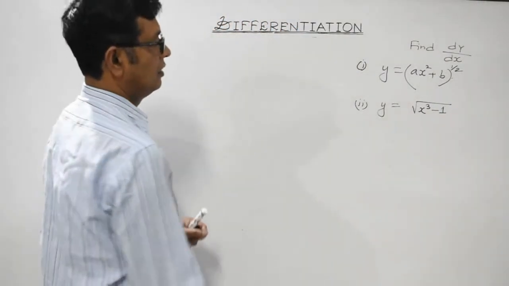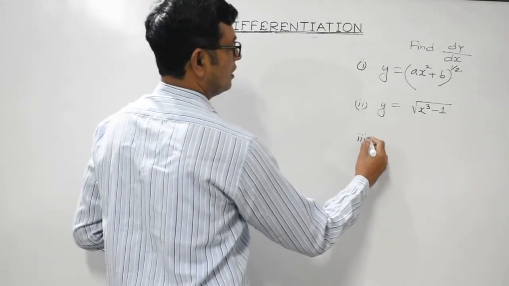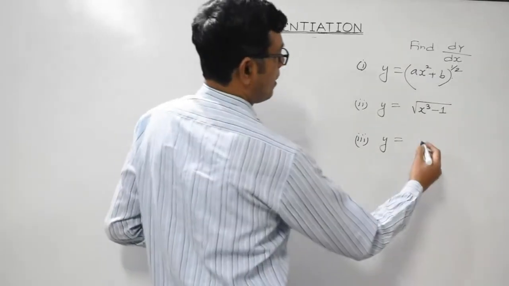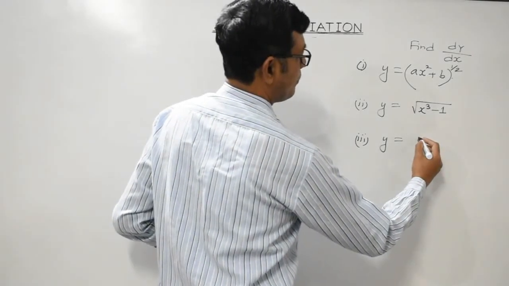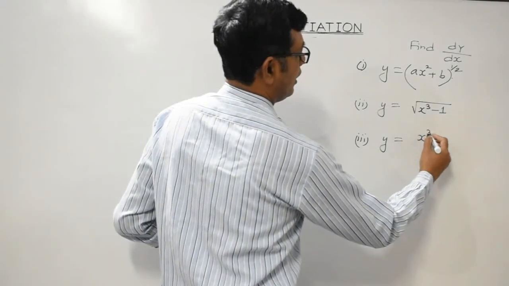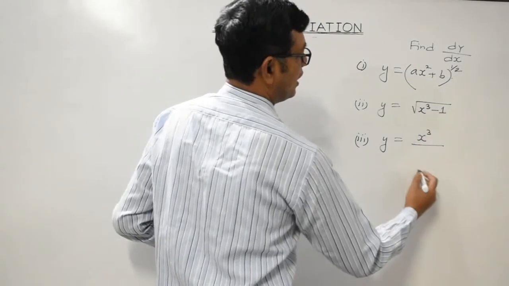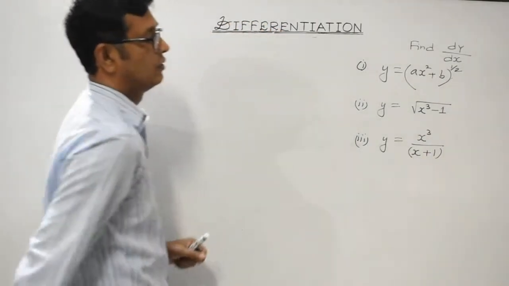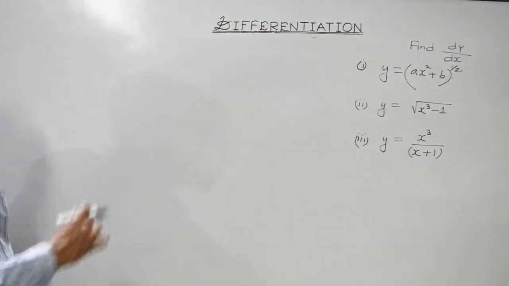Right? And third one, suppose let's say y is equal to x cube divided by x plus 1. Right? Okay, let's solve these 3 questions.